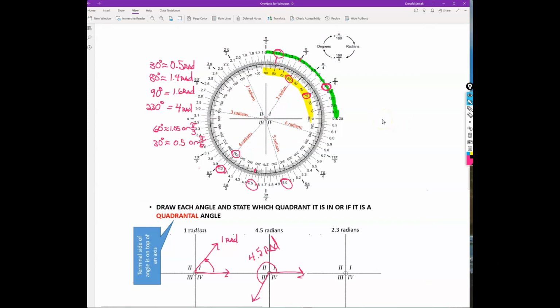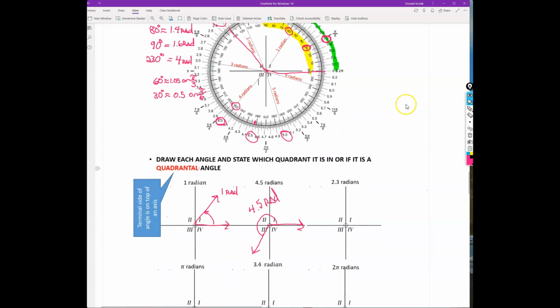Well, 1 radian is around 60 degrees, so 2.3 is going to be somewhere around 120. If we go up here to our radian scale, there's 2.3. It's pretty close to about 130 degrees. So my angle is going to look something like that. That would be 2.3 radians, and it ends in quadrant 2. Back here, 4.5 radians ended in quadrant 3, and 1 rad ended in quadrant 1.